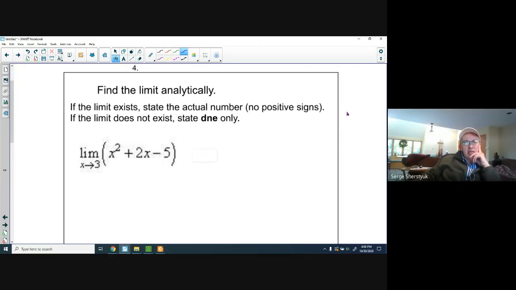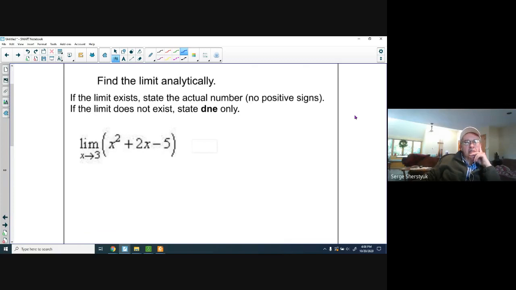Analytically can mean a couple of things. You're using a little bit of algebra to simplify things if need be. But in this particular case, this is a polynomial. In fact, this is just a parabola, with no denominator. There's nothing really difficult about this problem.